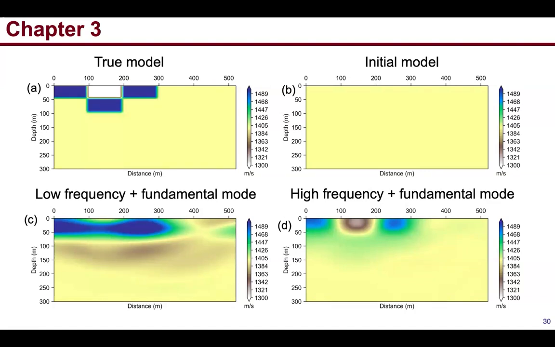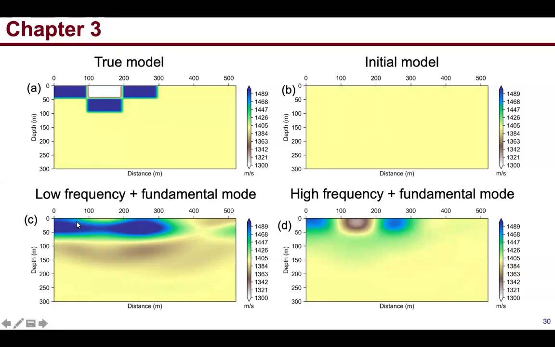So here we conducted a test on synthetic data. Figure A is the true model, figure B is our initial model, and figure C is the inversion result using the low frequency component with fundamental mode surface waves. Figure D is the inversion result using the high frequency component combined with fundamental mode surface waves.